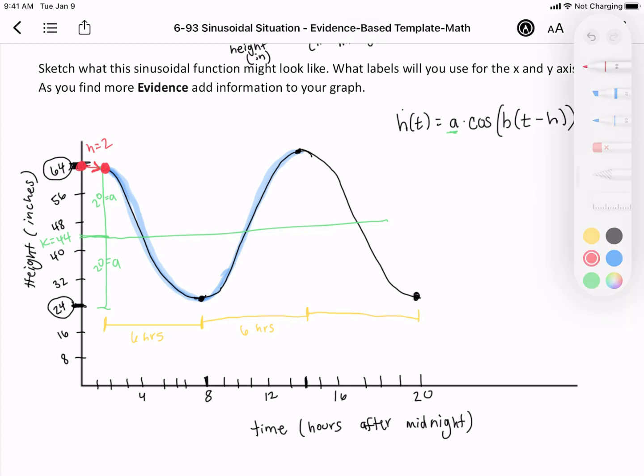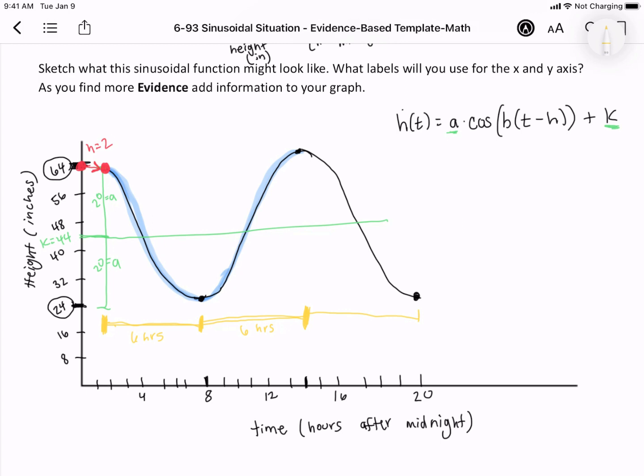And then lastly, we have to figure out the period. So the period, look, we can use this yellow. The period is the length of one cycle. So this cycle, if we start at 2, half of the cycle goes to the minimum, and then to complete the cycle, we end at 14.